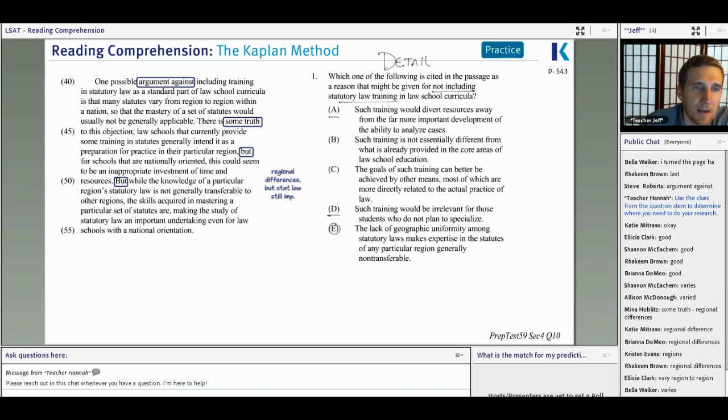It talks about how statutes are generally non-transferable because they vary, right? So because of that, you can get to answer choice E. Now, answer choice A. How is this wrong? This is actually the same type of trap answer we saw in the previous question. It's the test makers using the same trick on you.